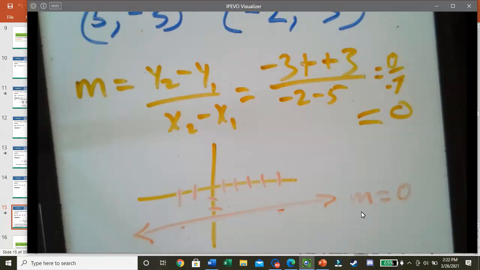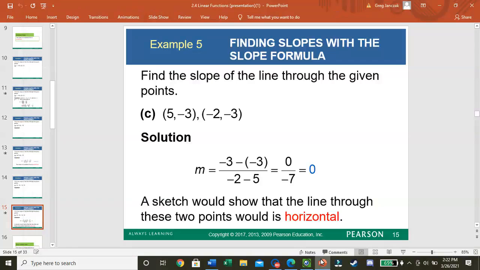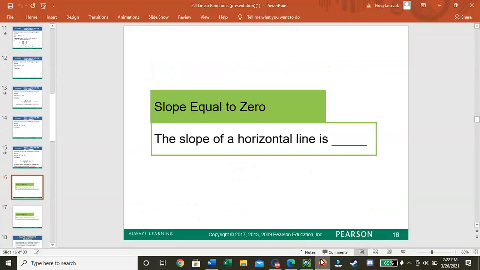So you can't measure change in y over change in x because there's no change in x, so it's undefined. Slope equals 0. The slope of a horizontal line is 0.